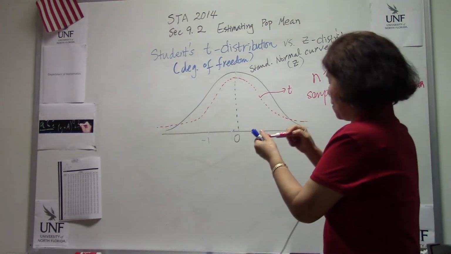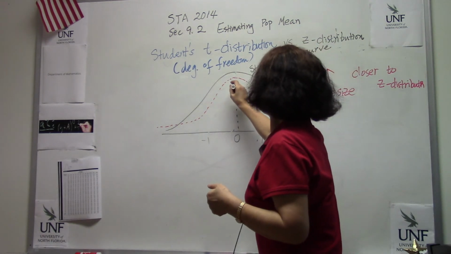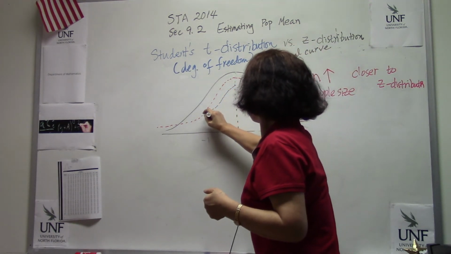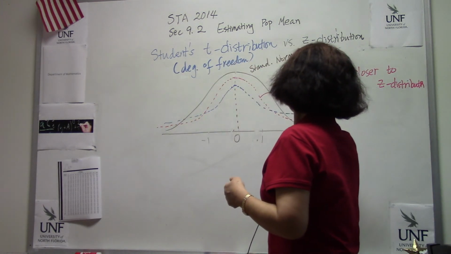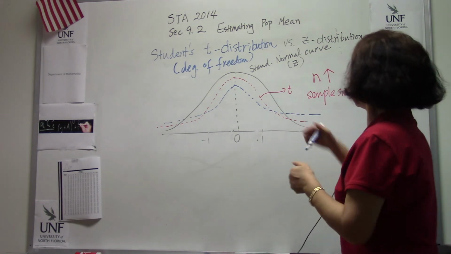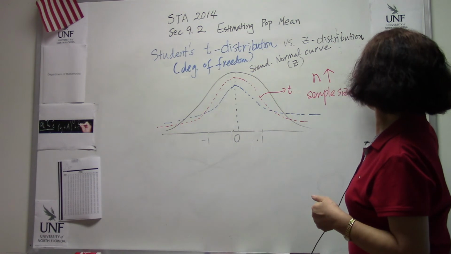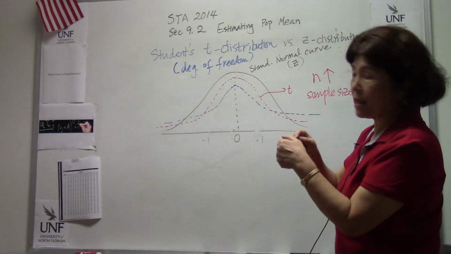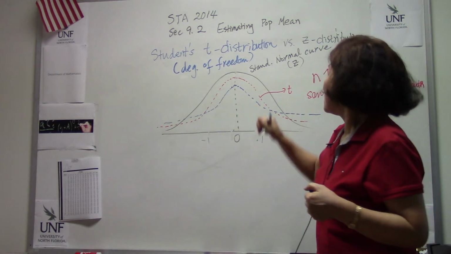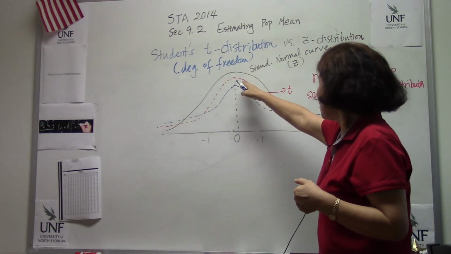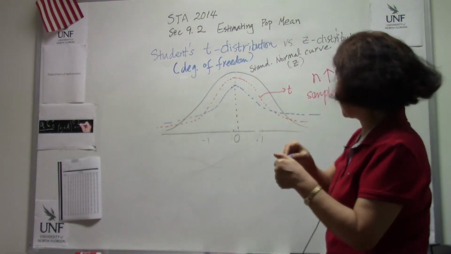If I give one more, let's say this is a smaller sample size, that means going over here is going to be a little thicker, like this. So as the sample size gets larger, the curve gets closer to the Z distribution. Between this blue and red T curve, this red T curve has a larger sample size than this. Alright.